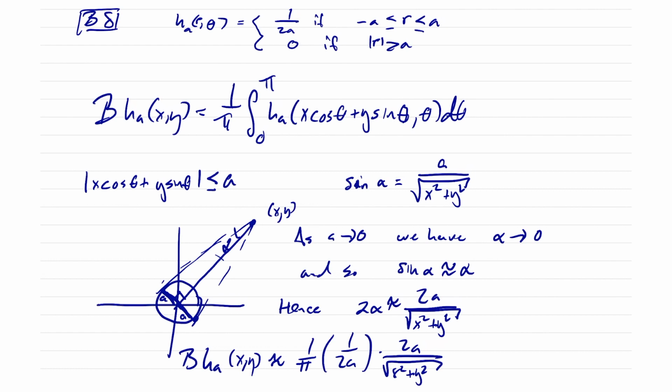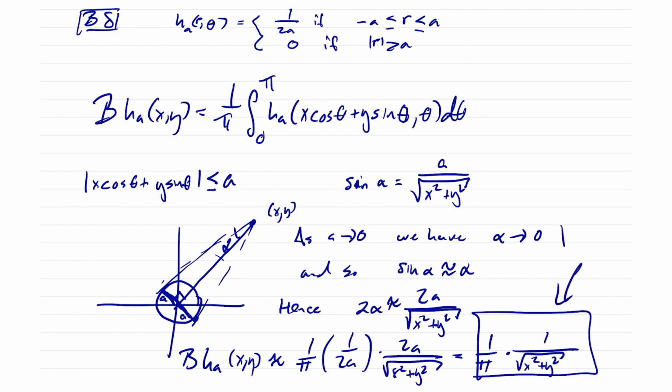And then we see that for very small values of a, which is what we want, these 2a divided by 2a are going to cancel, and we're left with 1 over the square root of x squared plus y squared. Right, and so there we go. So this actually ends up being b of delta.